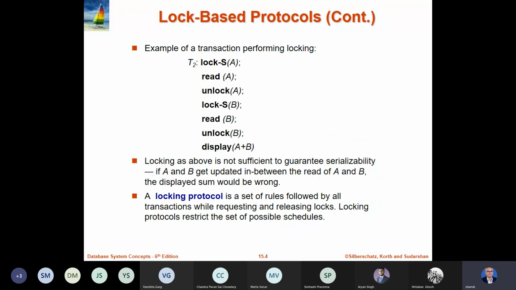So let us see this example. I have a transaction performing locking.